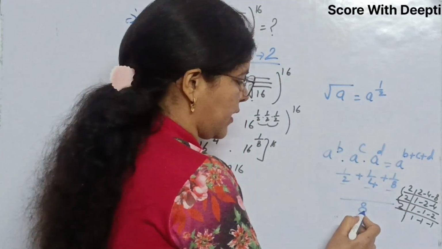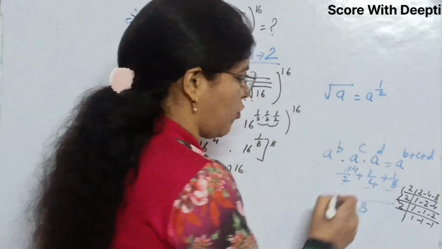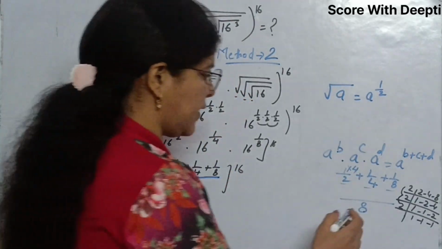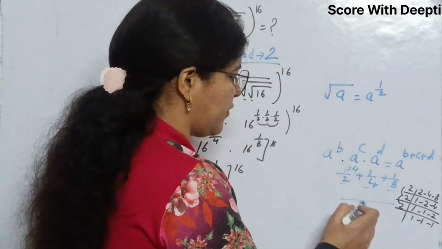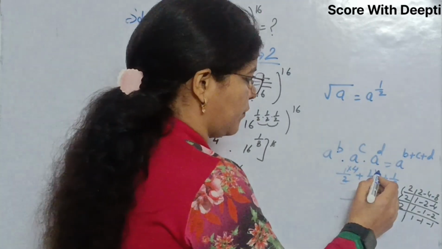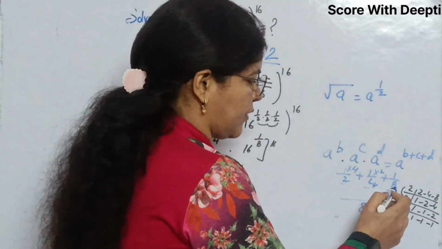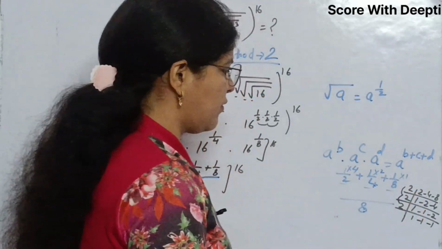Next we divide this 8 with 2. We get 4, and here we multiply with 4. Next we divide 8 with 4, we get 2 and multiply with 2. Here we divide 8 with 8, we get 1 and multiply with 1.